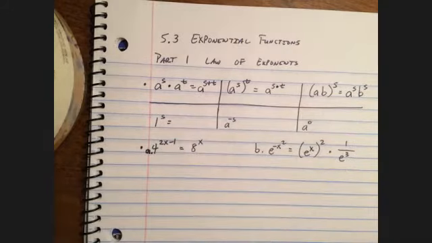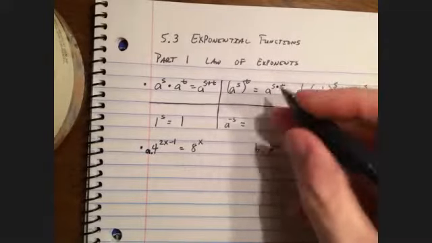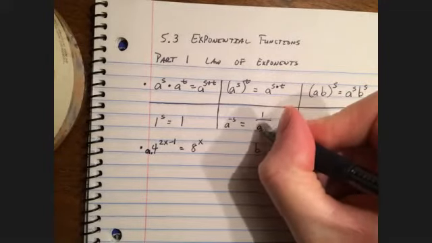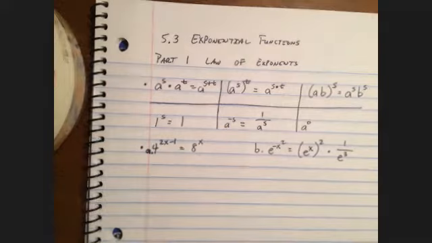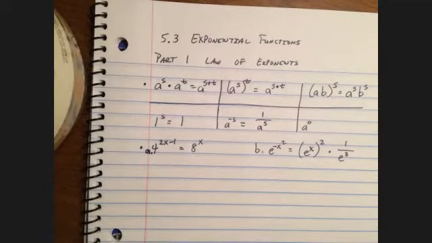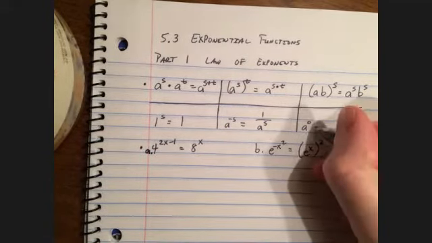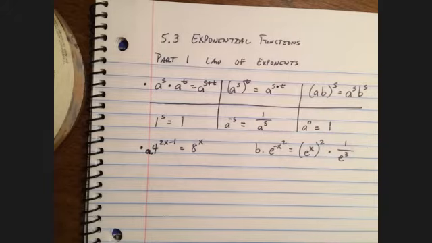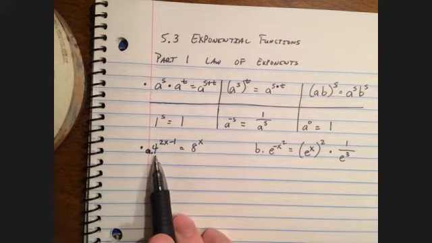If you had 1 raised to any power of s, it's 1. A to the negative s, we would write as 1 over a to the positive power of s. And anything raised to the power of 0 is 1.